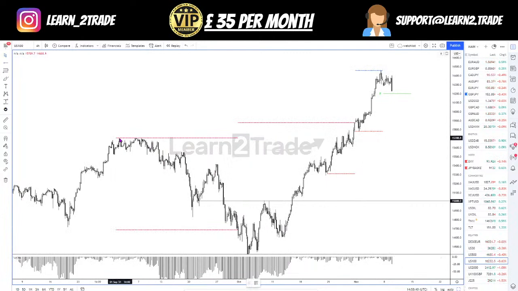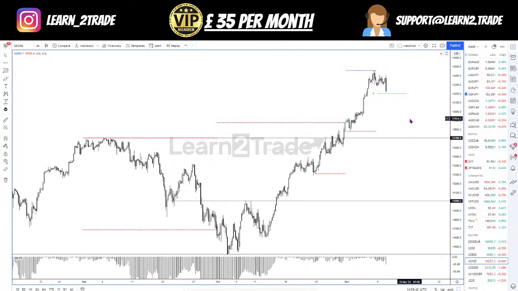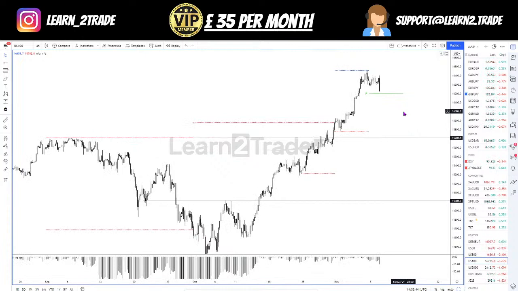Of course, equities are a buy at the moment. And buying all-time highs is not a profitable endeavor, and shorting all-time highs also is not a profitable endeavor.